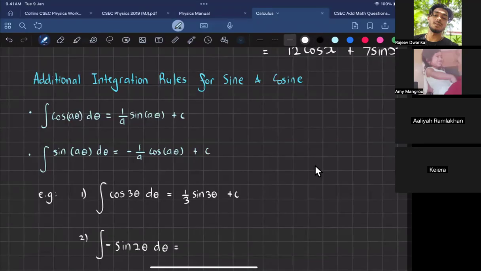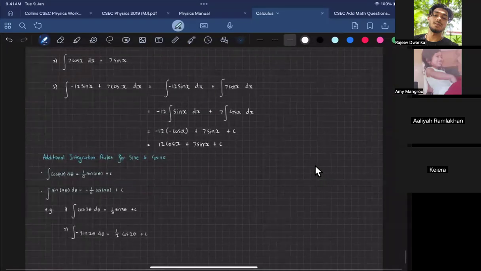What do you reckon that would be? A half cos 2 theta. Right, that would be a half because we have a negative sign here. When you integrate sine, you get negative, so if you integrate negative sine, you get a positive. So that'll be 1 over 2 cos 2 theta plus c. Yeah, I believe that's it. All right, so that's it for the integration.